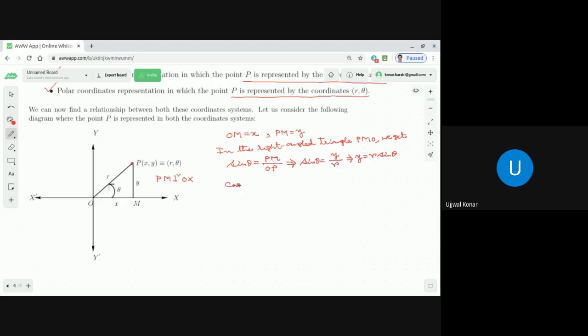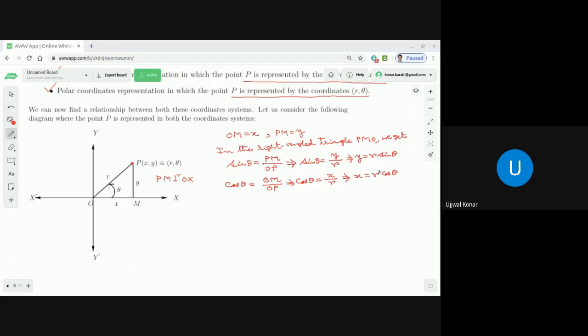In a similar manner, you can find the value of cos theta. What is cos theta, dear students? Cos theta is equal to OM by OP. So this implies cos theta is equal to x by r, since OM is nothing but x. That implies x is equal to r cos theta.